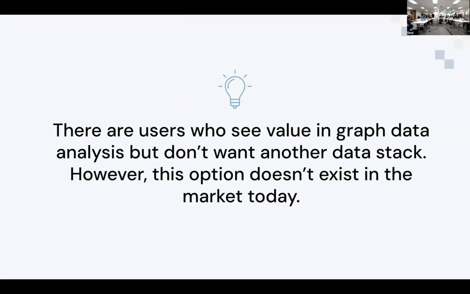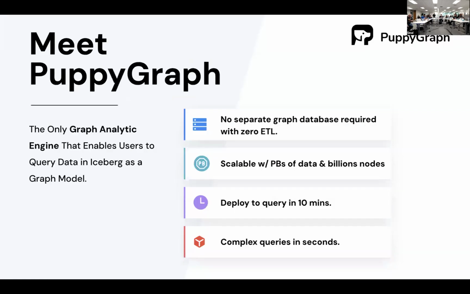We satisfy users who see the value in graph data analysis but don't want another data stack, which may be a disaster for the data infra team. Thanks to the Iceberg community, we can make graph analytics with zero ETL, scalable to petabytes of data and billions of nodes, and deploy to query in 10 minutes.